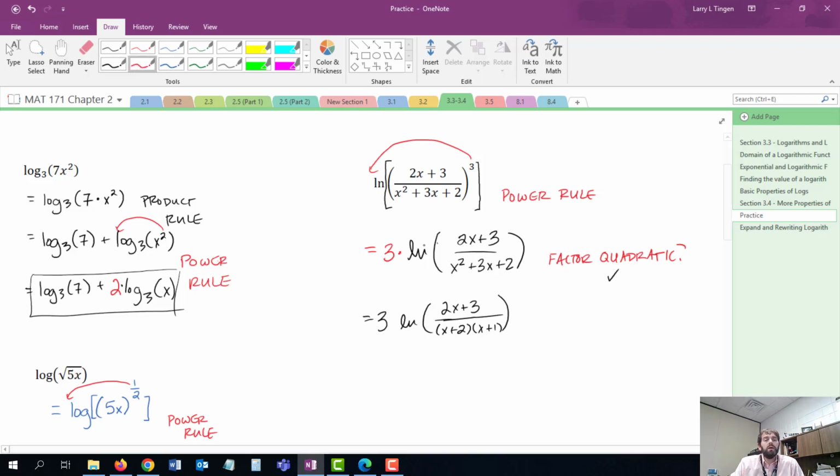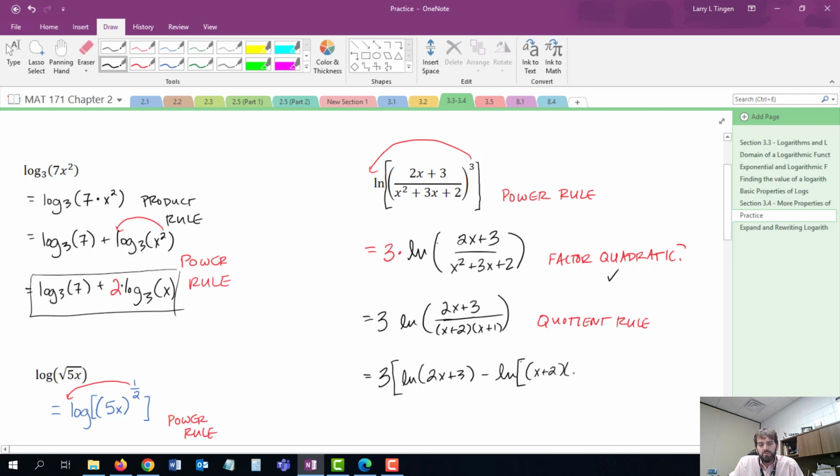Next step, okay, I've got division occurring. So that means the quotient rule is about to get used, and the quotient rule says if I have division on the inside, I can rewrite it as subtraction on the outside. So that's the natural log of the numerator minus the natural log of the denominator. Let me use brackets here so that you can really see the difference.